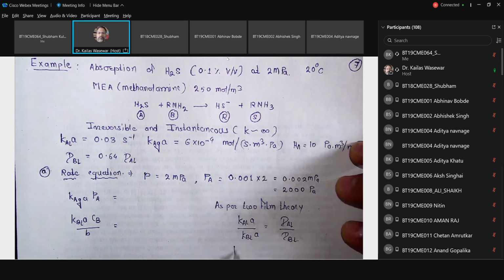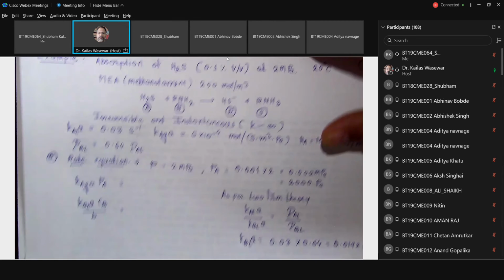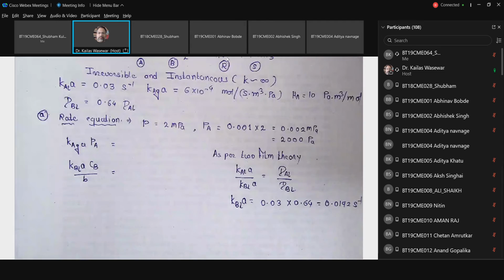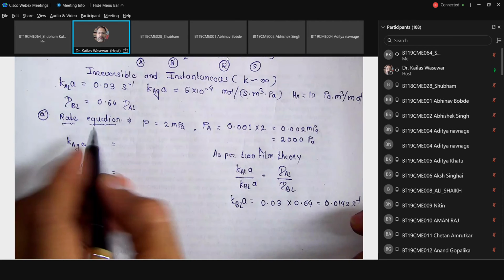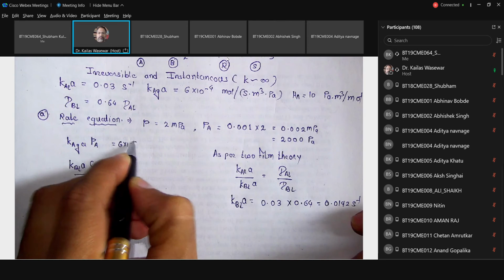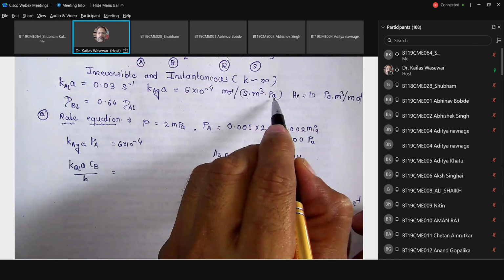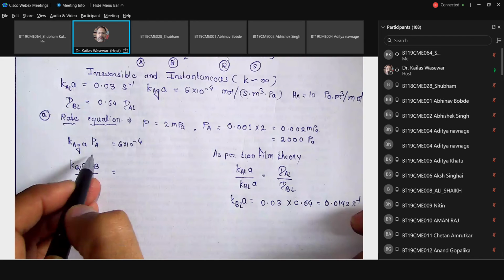So KBL A will be what? 0.03 into 0.64. And this will become roughly 0.0192 second inverse. Is it? So this way you can calculate the value. So mass transfer coefficient, gas film, it is given 6 into 10 to the power minus 4. Remember here, it is mentioned in the Pascal. So P should be also in the Pascal.